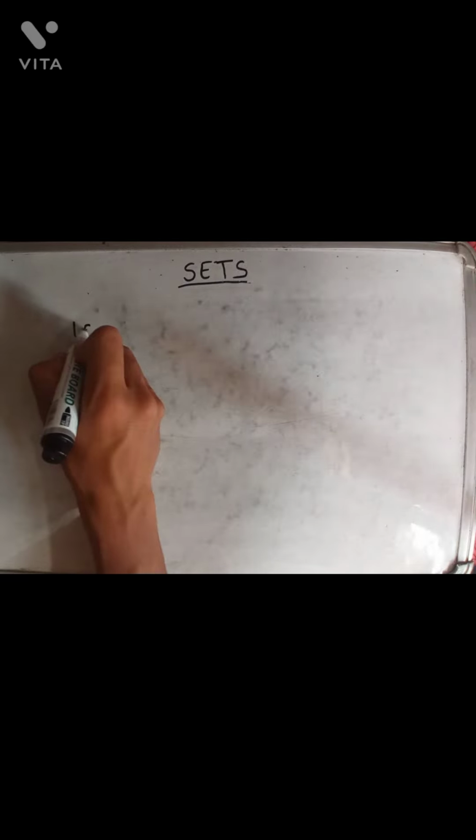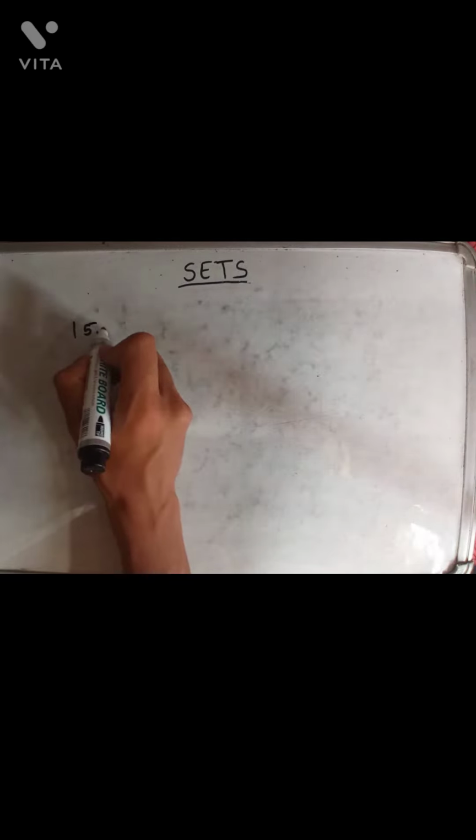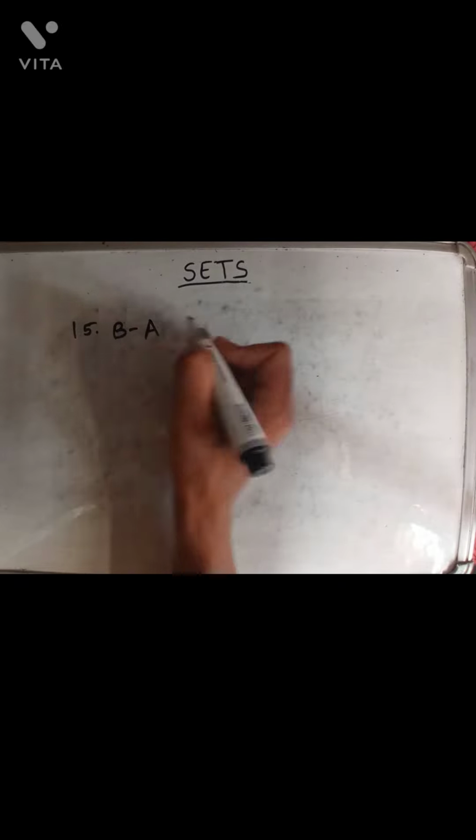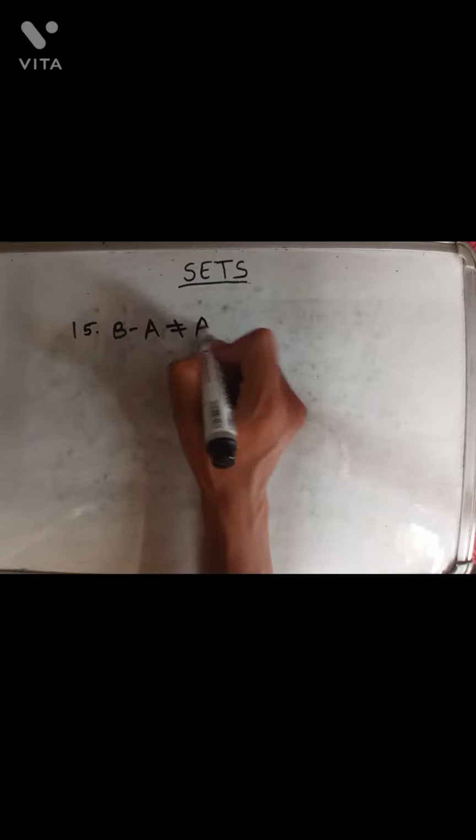Now the 15th point is that B minus A is not equal to A minus B.